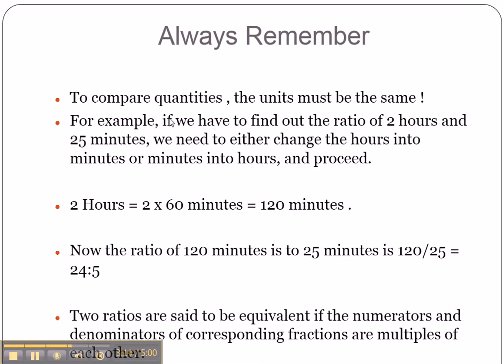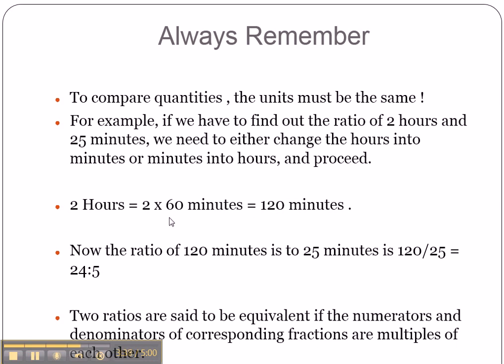Now the points to remember are, whenever we compare quantities, always remember the units must be the same. For example, if we are finding the ratio of 2 hours and 25 minutes, then we can either change hours into minutes or convert minutes into hours. So let's convert 2 hours into minutes.